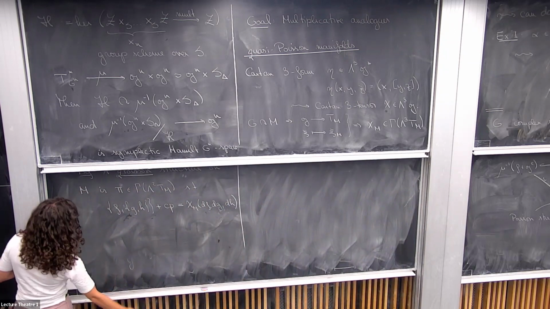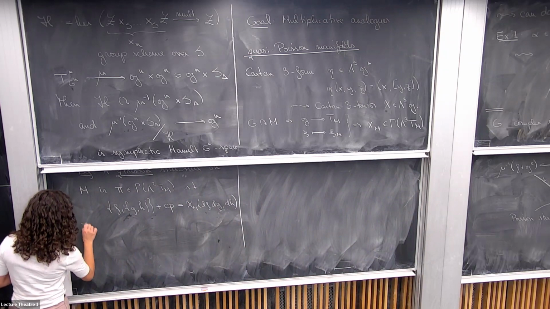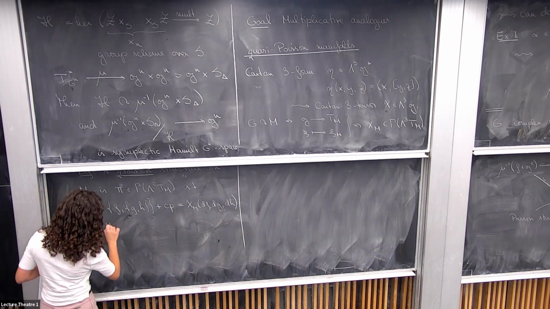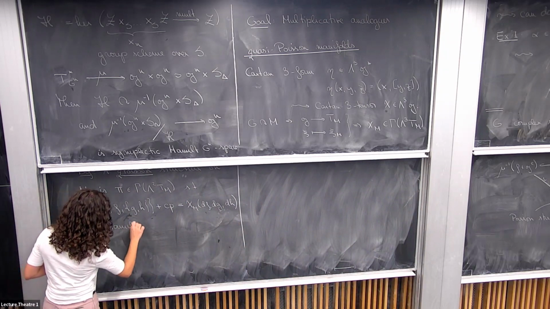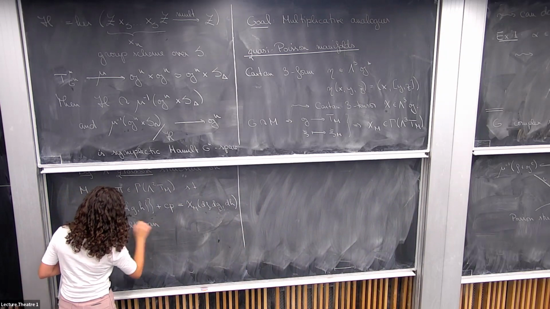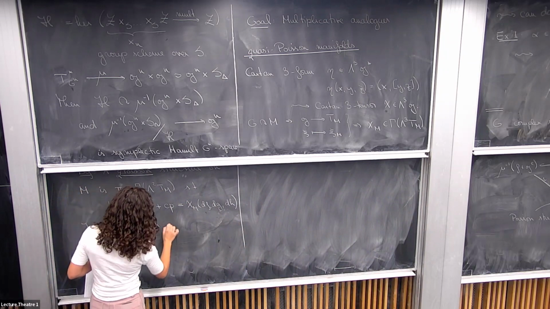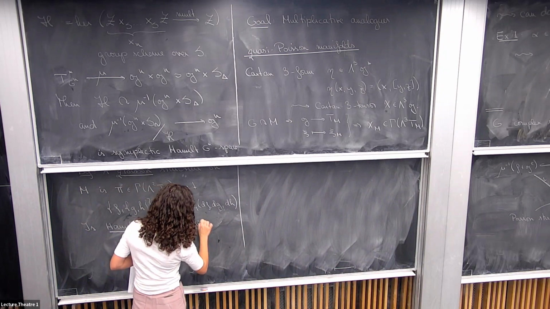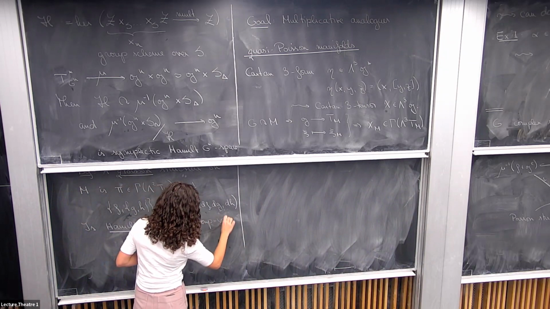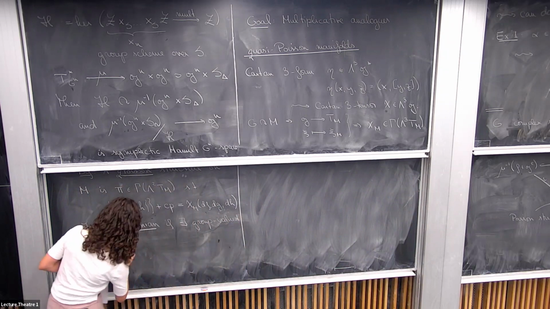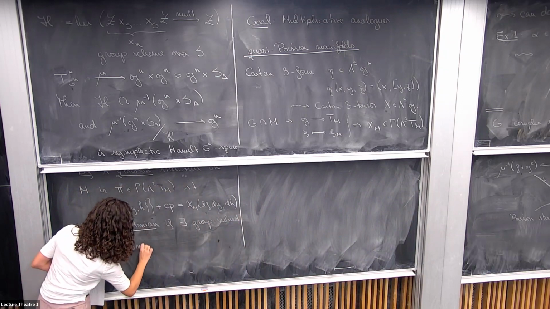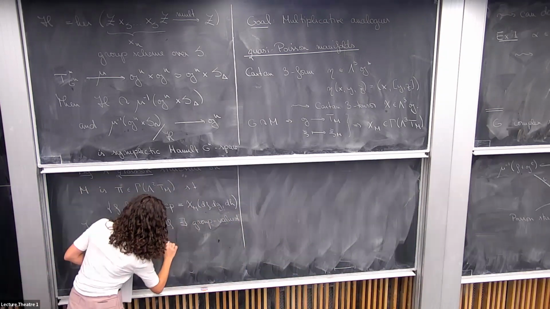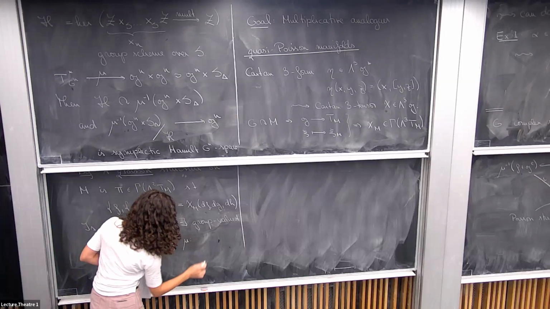And there's a notion of what it means for such a bivector to be Hamiltonian. And this is if there's a group-valued moment map mu.